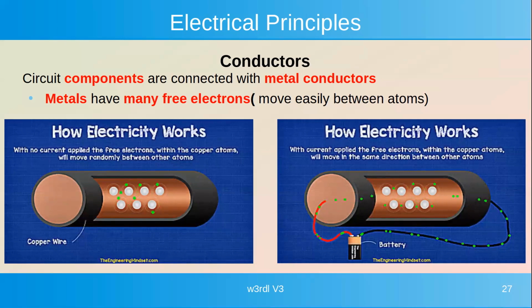So you get more activity. If you had that at absolute zero, then you wouldn't have any electrons moving, except in the special case of superconductors where they get close to zero and they do get conduction. But that's well beyond this.